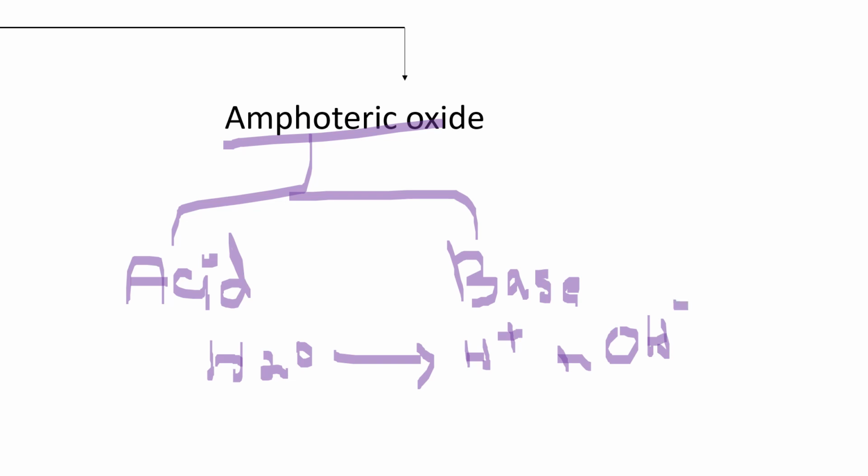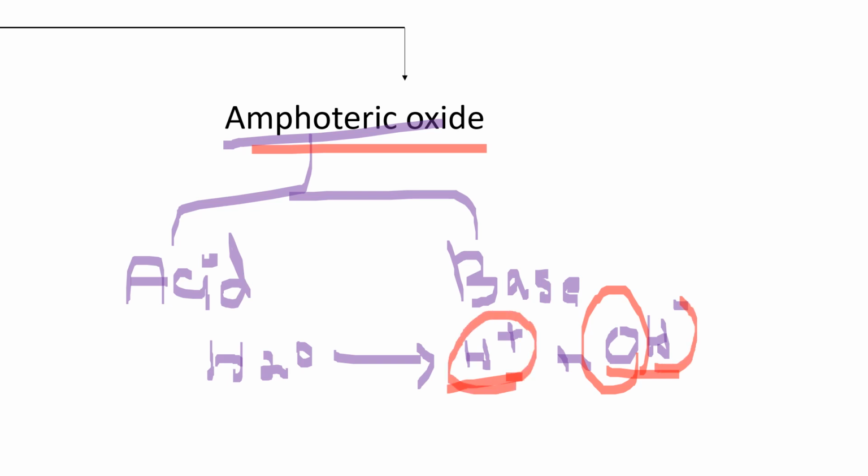That means this is an amphoteric oxide. It produces oxygen ions, but here the basic and the acidic characters are both present. This type of compounds, solvents, each and everything is called amphoteric.